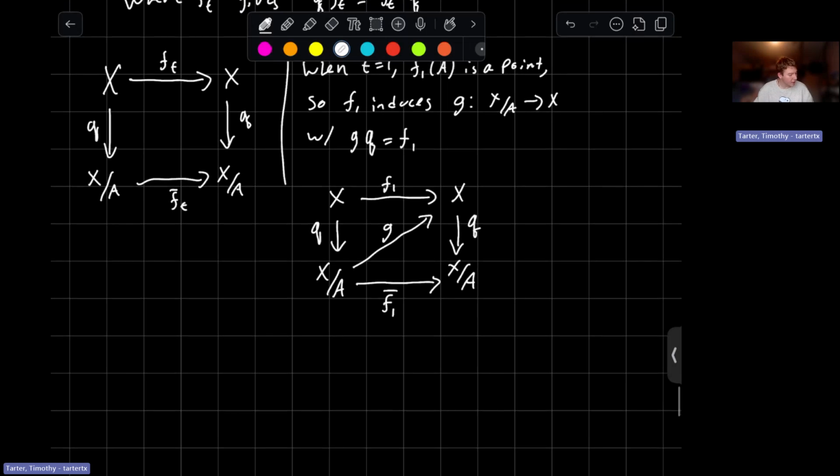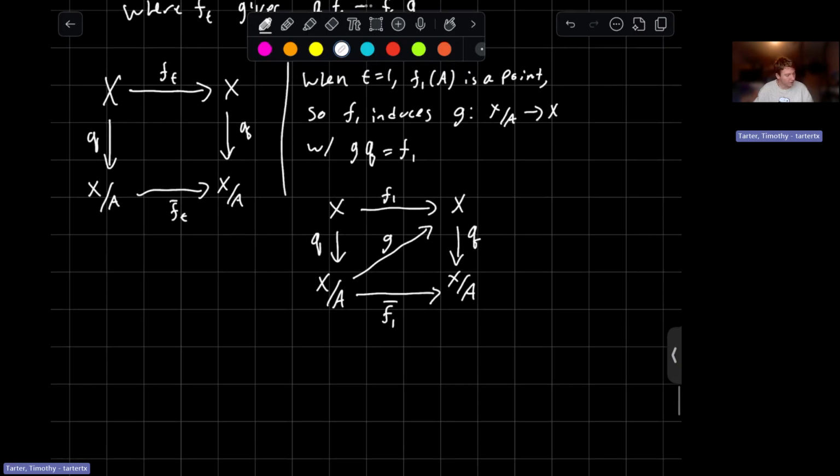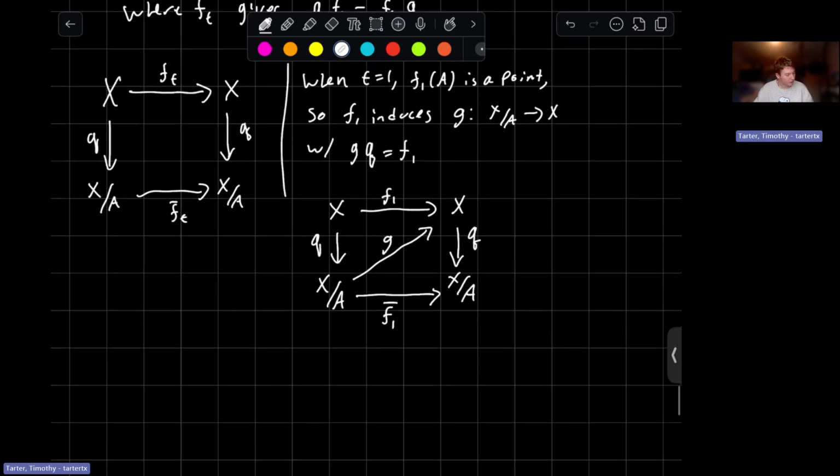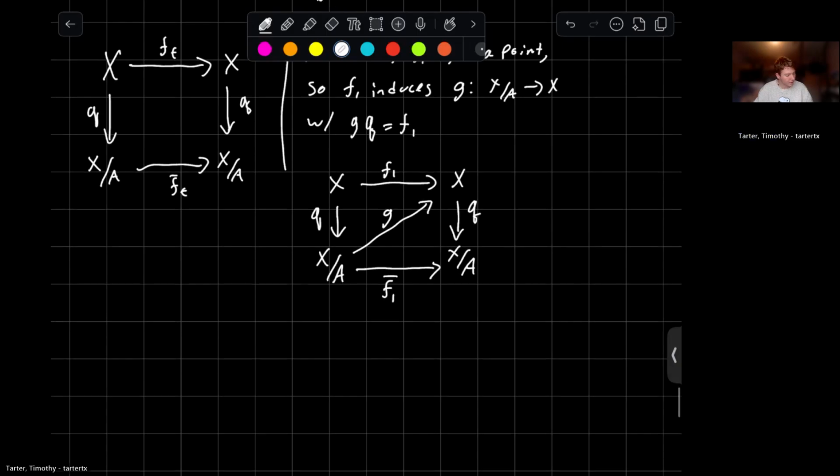It follows that q composed with g is equal to f1. And so g and q are inverse homotopy equivalences.